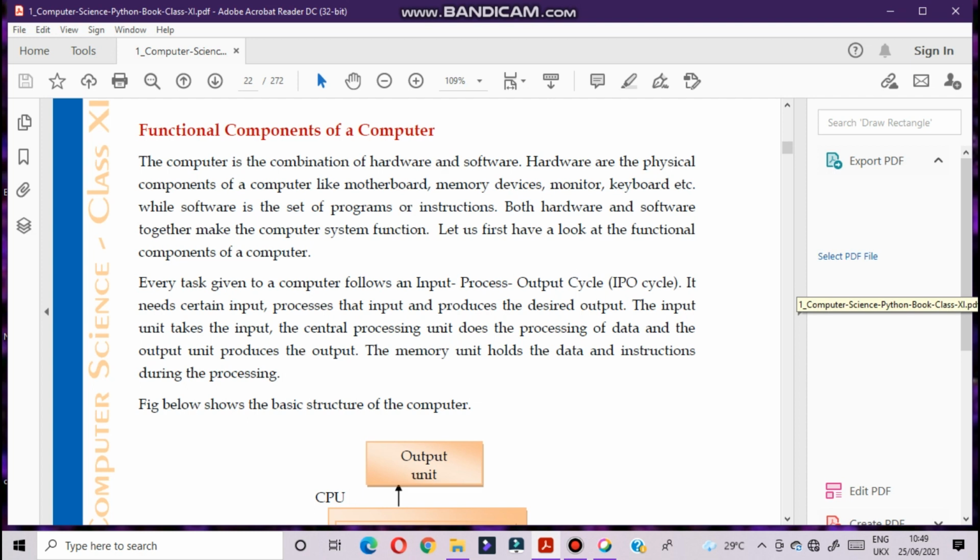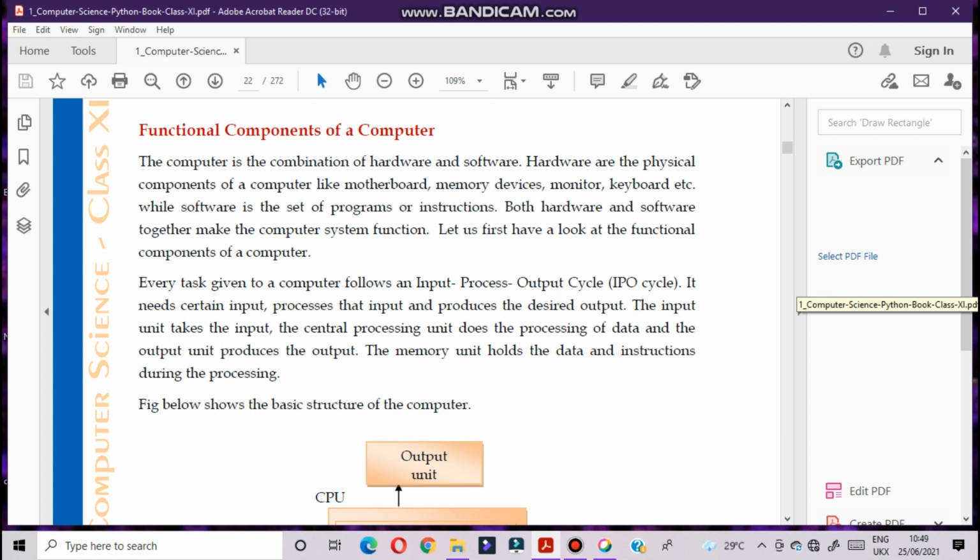Every task given to a computer follows an input process output cycle, called the IPO cycle. It needs certain input, processes that input and produces the desired output, meaning result.